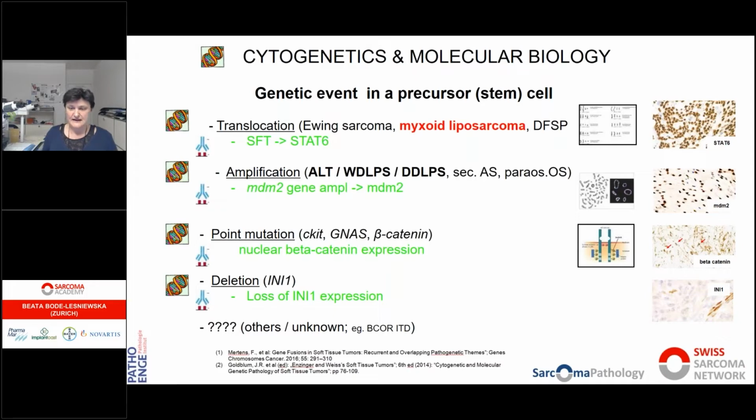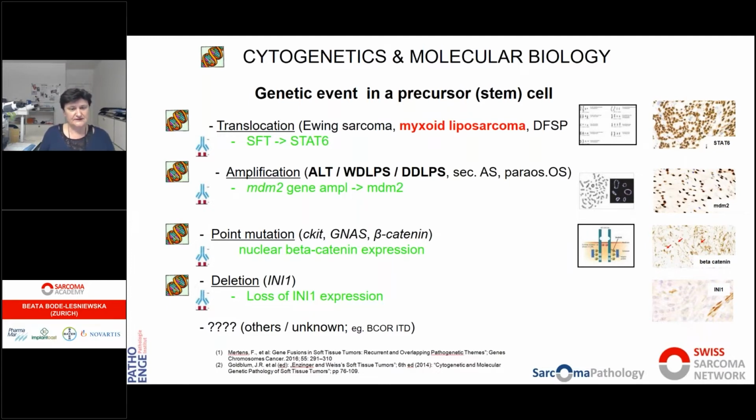As you know, many of the soft tissue tumors, including myxoid soft tissue tumors, are characterized or defined by genetic aberrations like translocations, amplifications, point mutations, deletions.